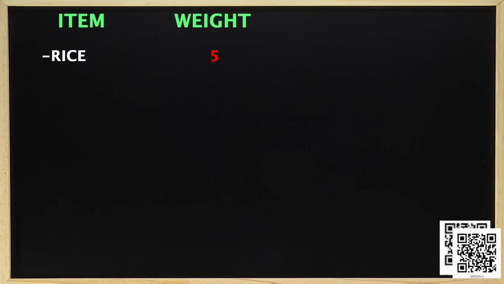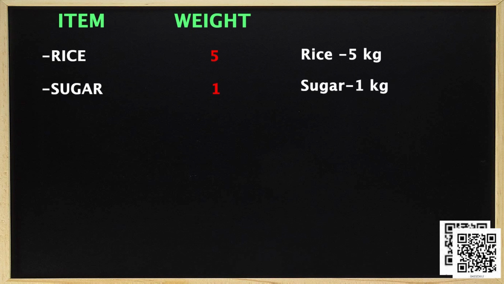Dear students, now you help Dinesan find out which things they have purchased in kilograms and which in gram. Things are as follows: rice 5, so they have purchased rice in kilogram, that is 5 kilogram. Sugar 1, so they have purchased 1 kilogram of sugar.